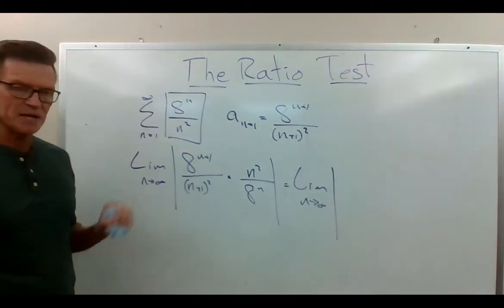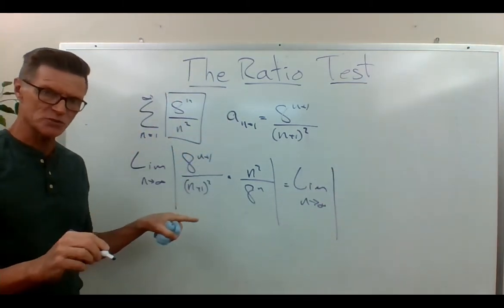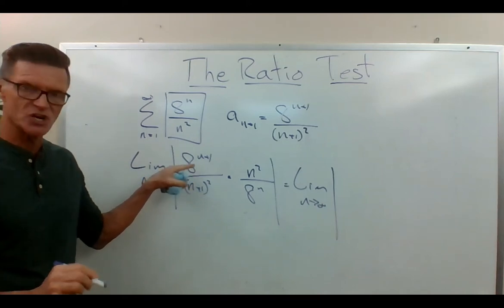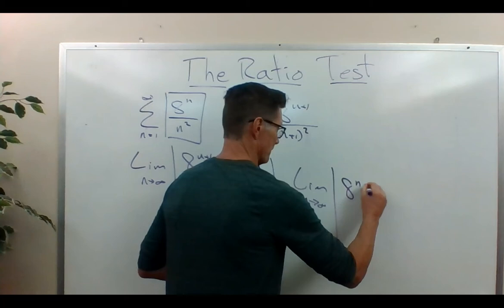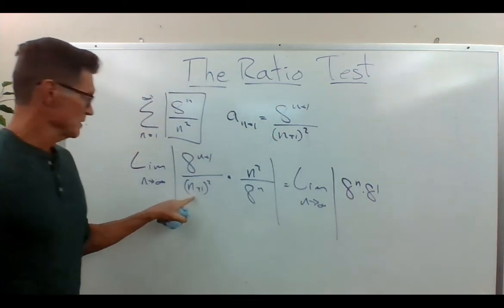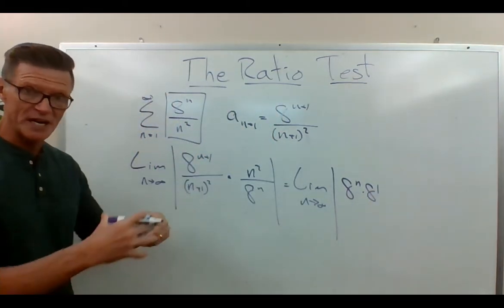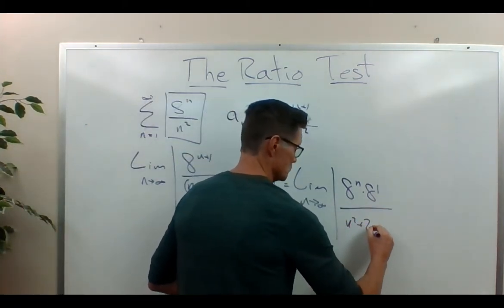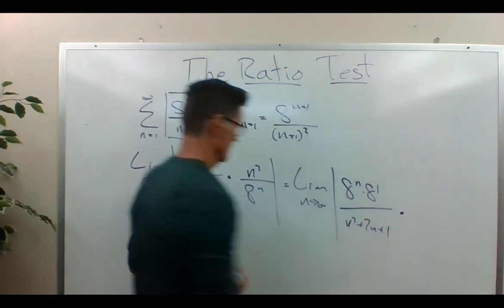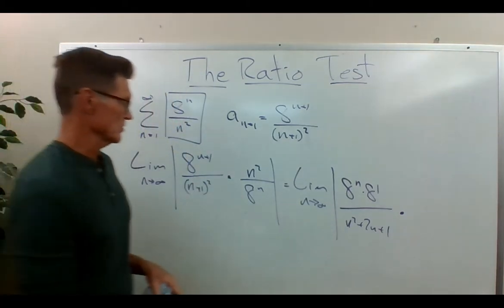The next thing to do is to simplify. So 8 to the n plus 1, just like I did in the last problem, would be 8 to the n times 8 to the 1. N plus 1 squared, I'm going to actually expand that out: n squared plus 2n plus 1, times n squared over 8 to the n.